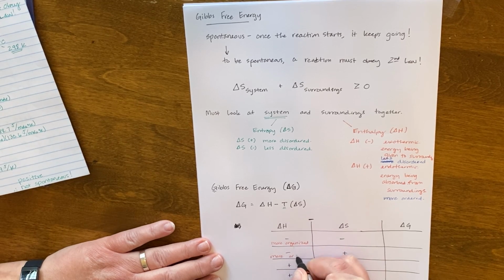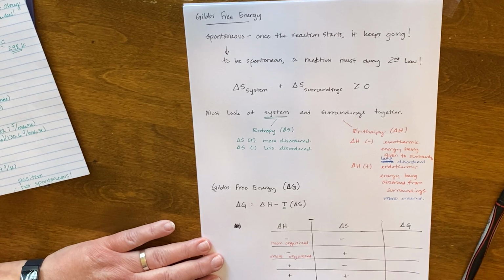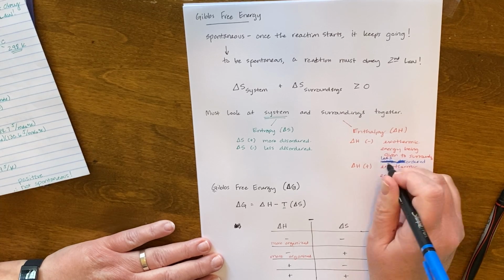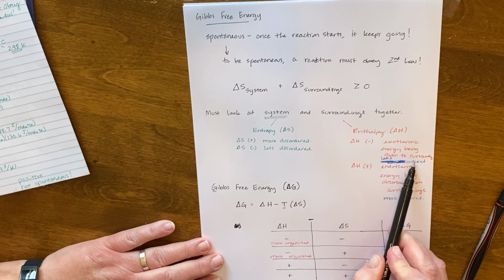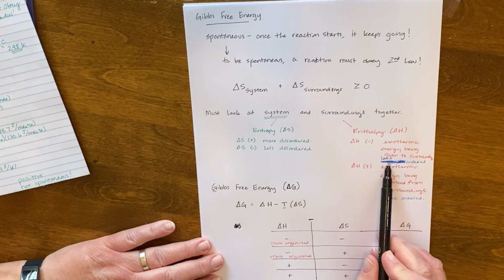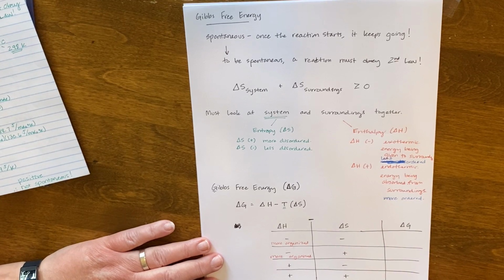So whenever we see a negative delta H, the surroundings are becoming more organized. I still have this wrong up here. This is less ordered. Less ordered. I'm sorry. I think I had it written right the first time. Less ordered or more disordered.